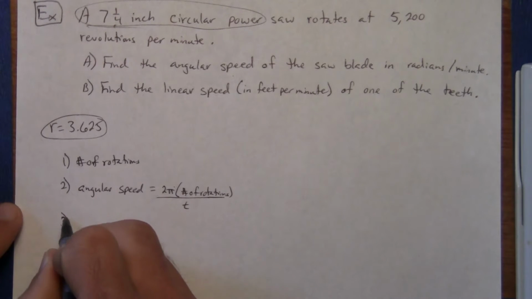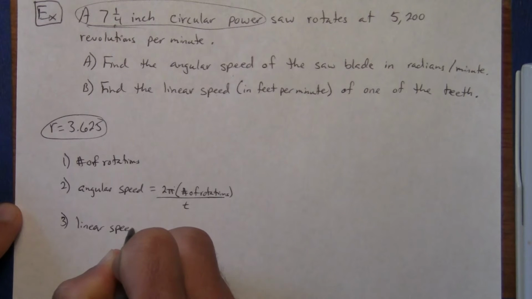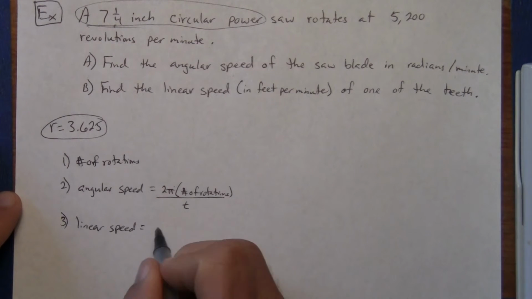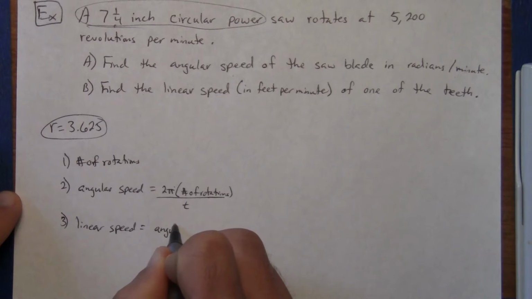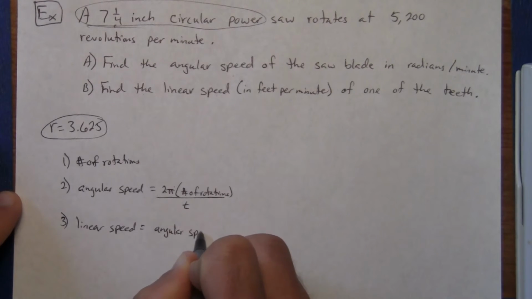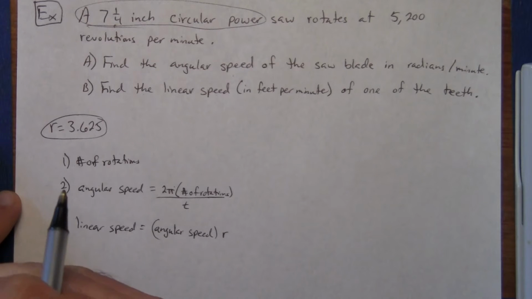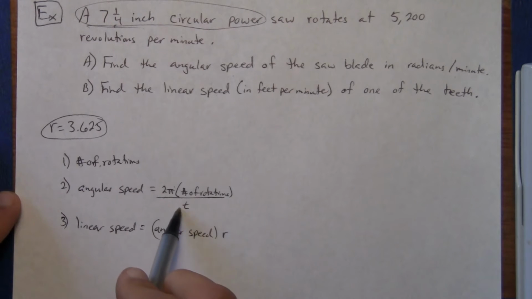And then after you find the angular speed, the last thing you would find is the linear speed. So if you were just asked to find the linear speed, you have to find all 3, unfortunately. But the linear speed takes the angular speed and multiplies it times the radius. So it's simple enough in terms of the steps. It's number of rotations, multiply that by 2 pi, possibly make a unit conversion, and then multiply by the radius and again possibly make a unit conversion.